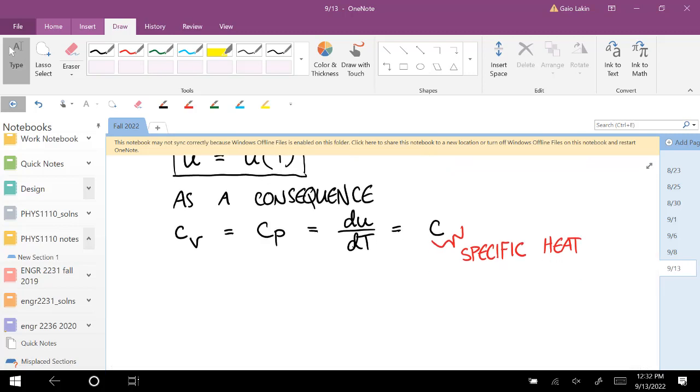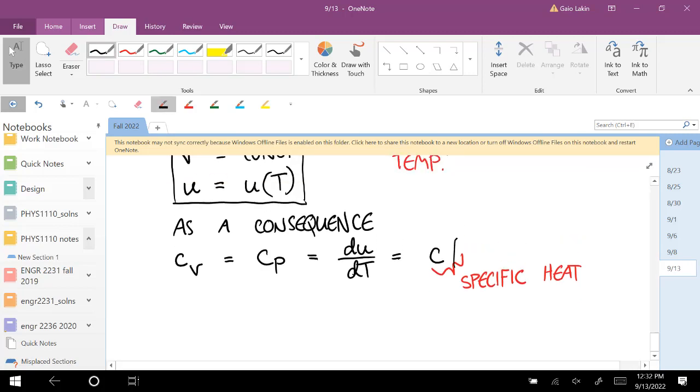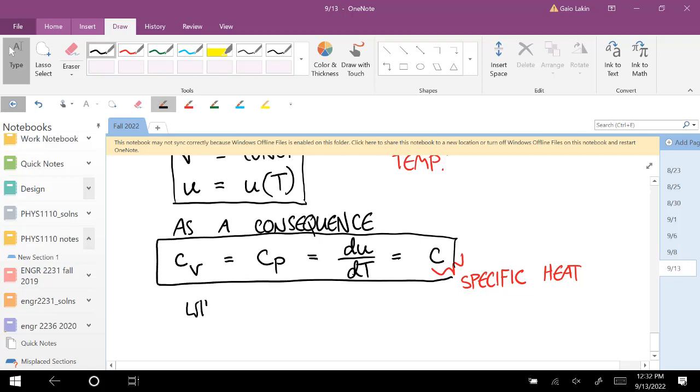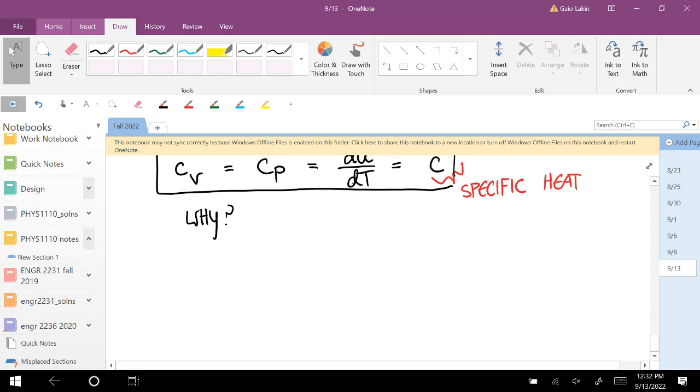Okay, so to make sense out of this, why is this the case? Well, C_V is the partial of lowercase u with respect to temperature held at constant volume.